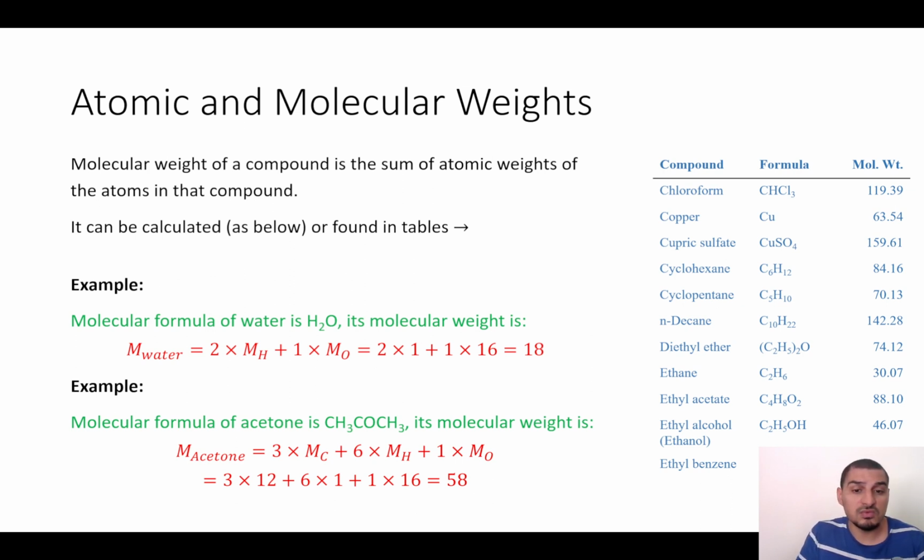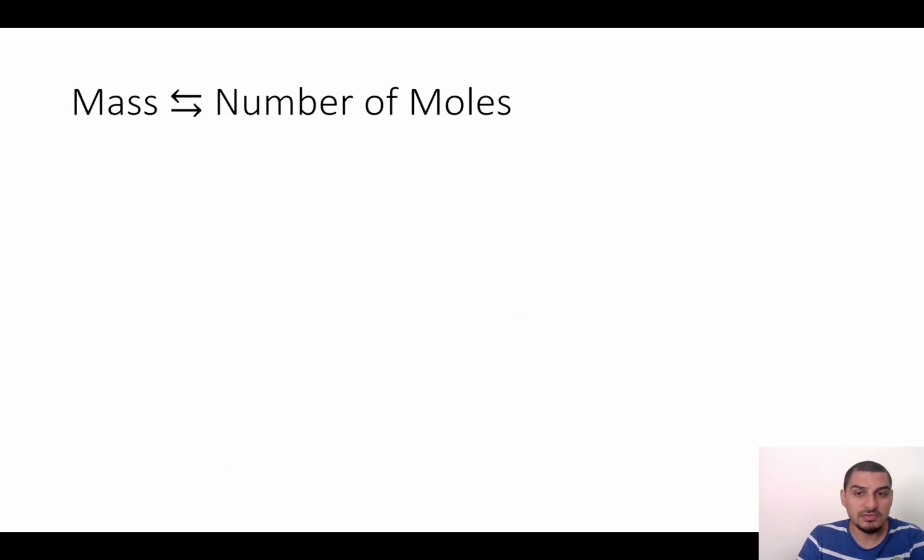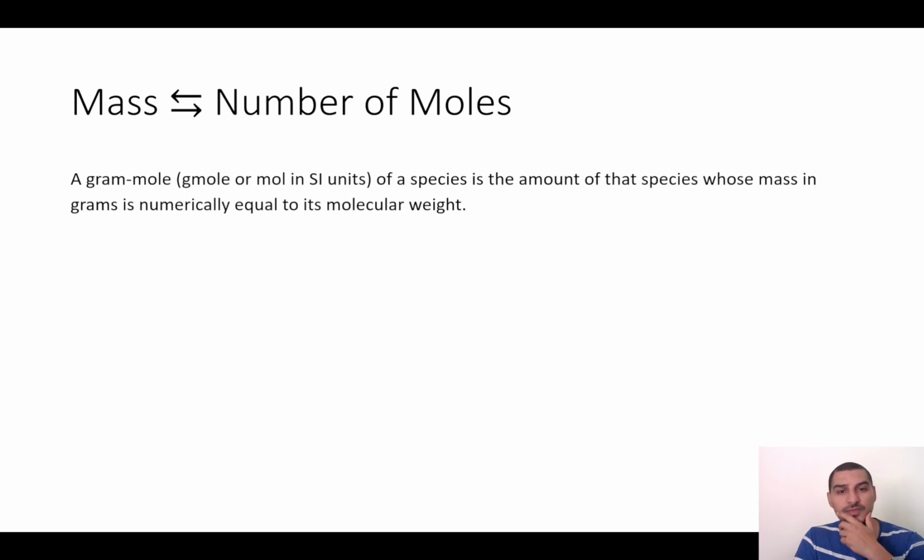And now you want to calculate the number of moles from the mass, or the opposite. So the calculation is very well known. It's very simple, and I assume that most of you are familiar with this. And the way we do the calculations is by understanding the definition of a gram mole.